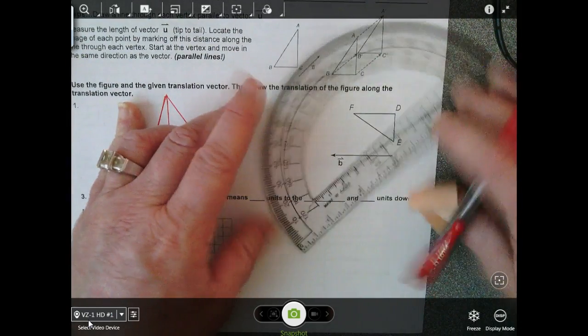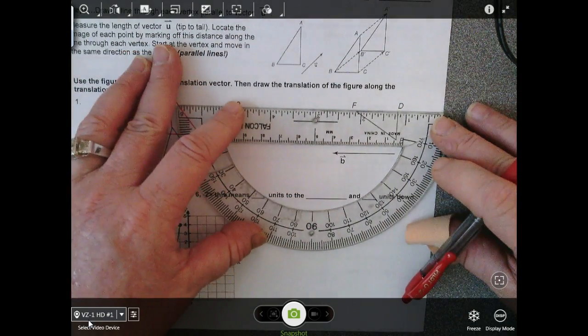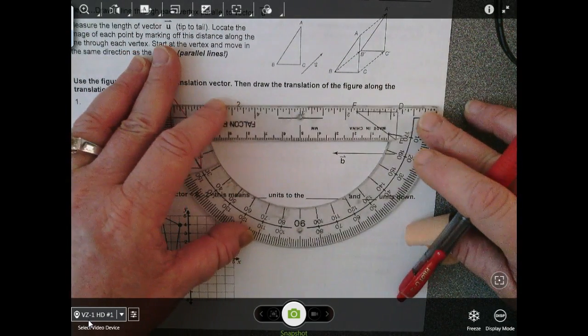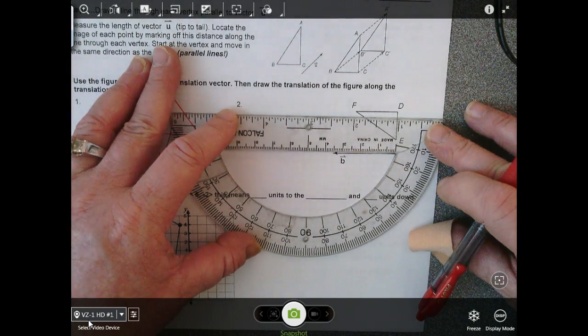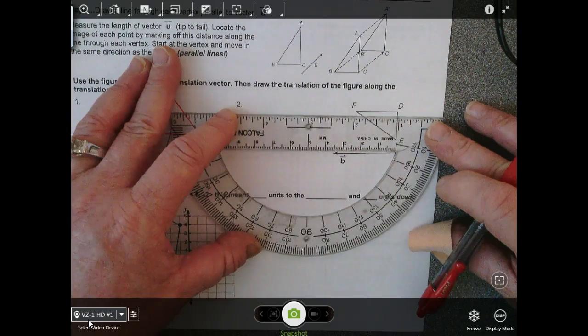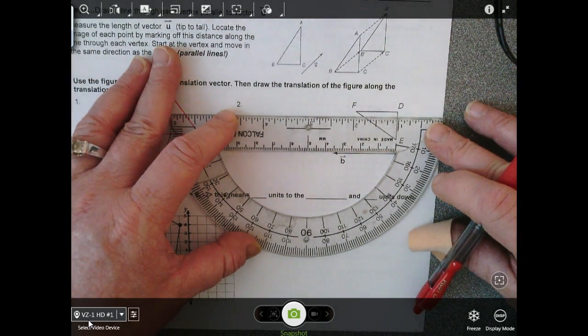But I'm going to have to turn my ruler, or you have to turn it upside down. Okay, so I'm measuring, and I got about 3.5 centimeters.